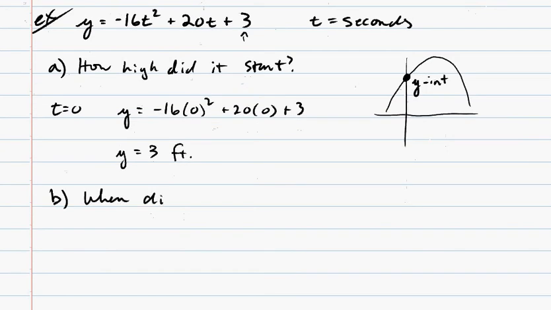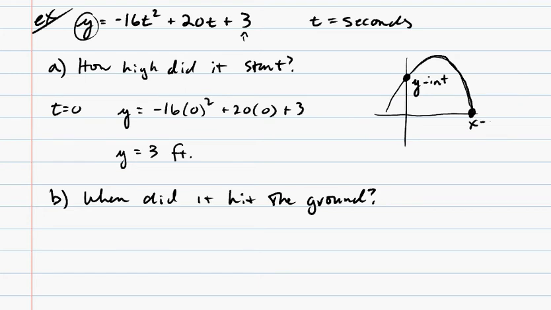So the second question, question B, is, when did it hit the ground? Okay, so t stands for time, and then that means this y over here stands for our height. So when did it hit the ground? That's when we have this point right here.